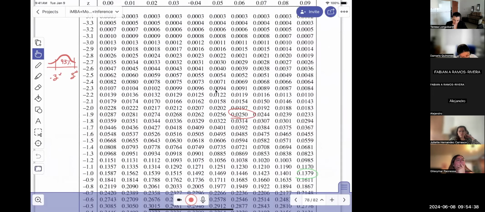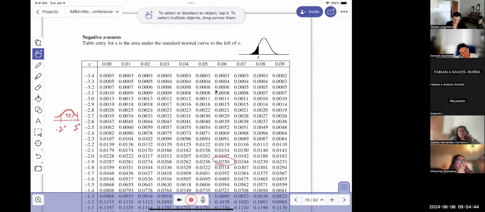I look for negative 3 as a z-score, 0.47.